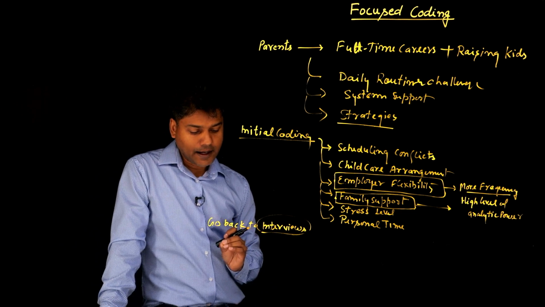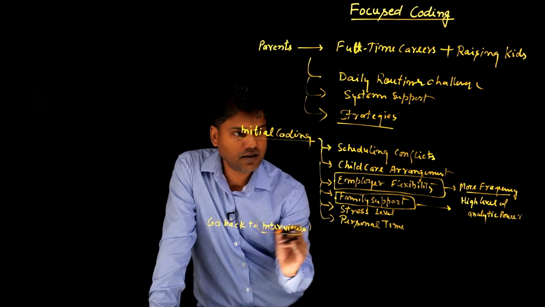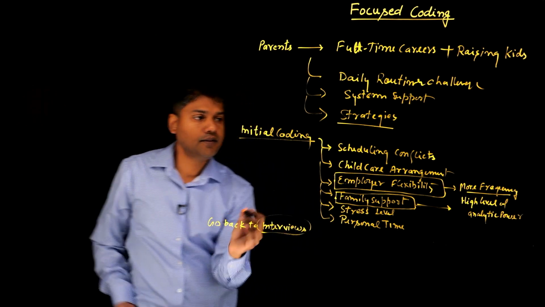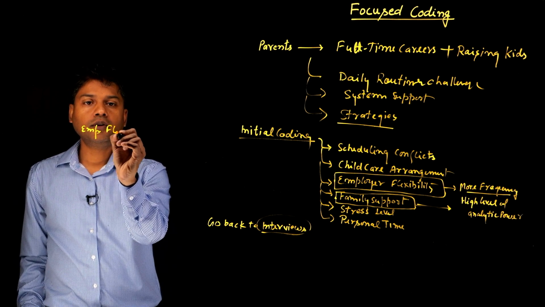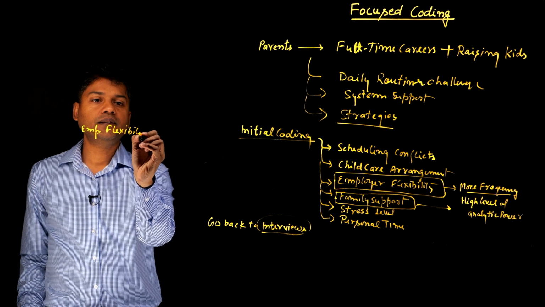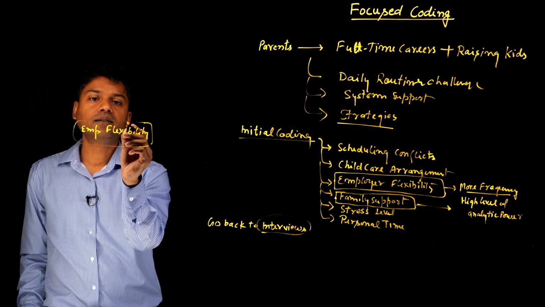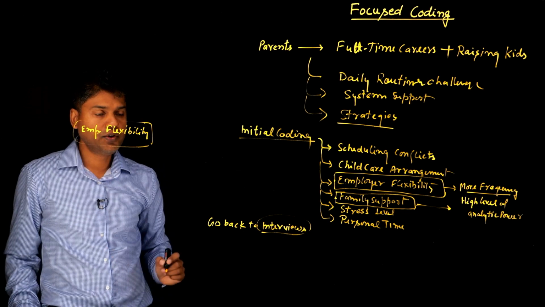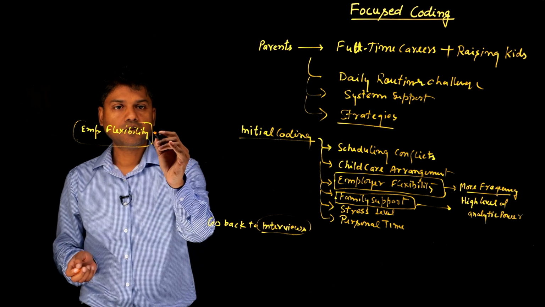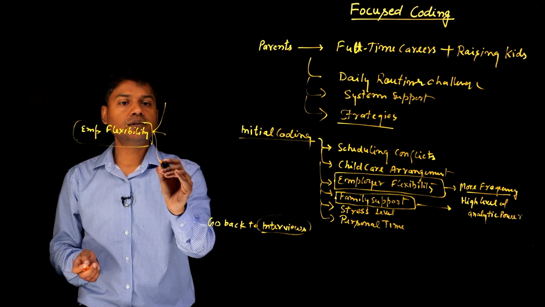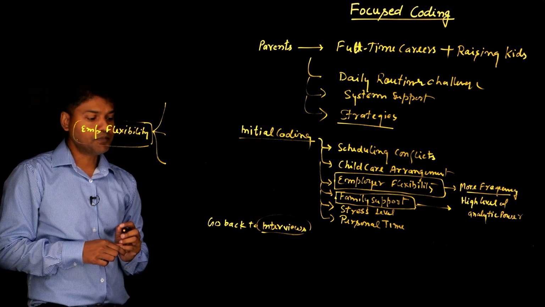So what might happen? Let's say I take employer flexibility, let me write it here. When I did focused coding with this code, let's say some sub-themes emerged from the data. What are those sub-themes?